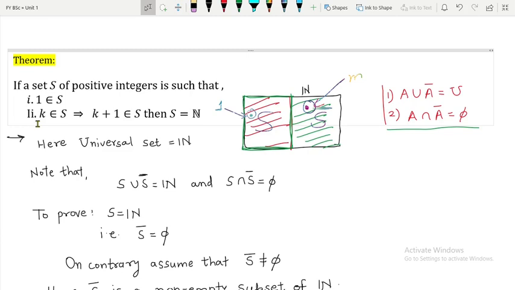Set of natural numbers. So if we have any set satisfying these two conditions, then we will say that our set will be the natural numbers itself.